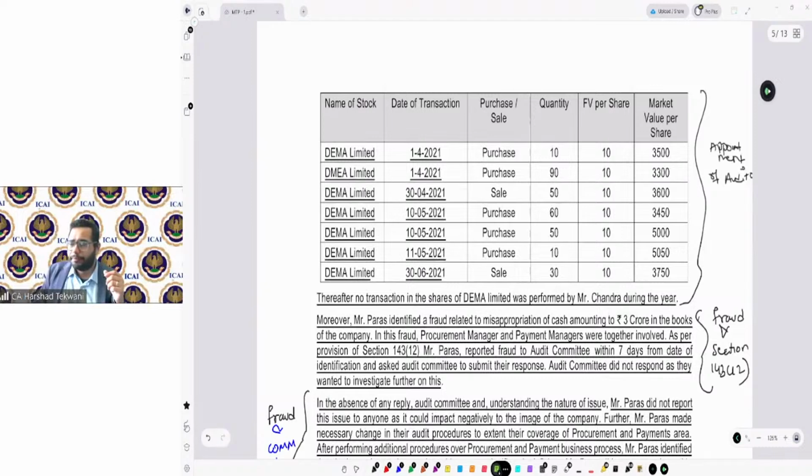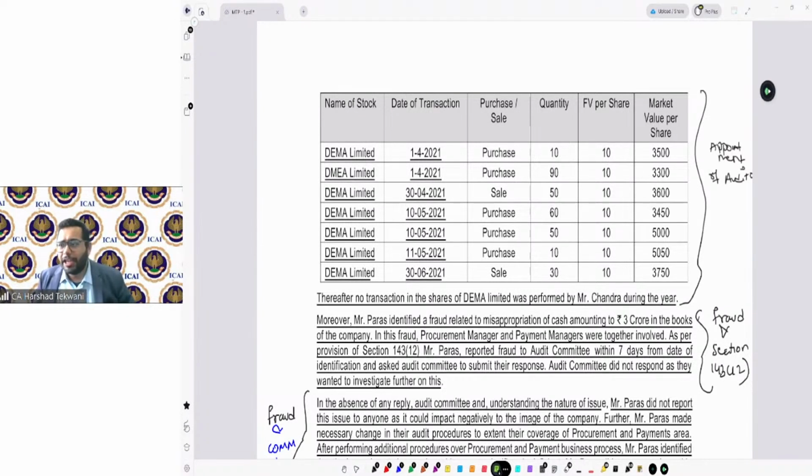Come on, guys. Face value, market value. What should I refer to with respect to the securities when I want to see the appointment of an auditor?